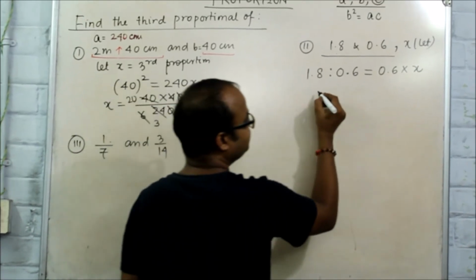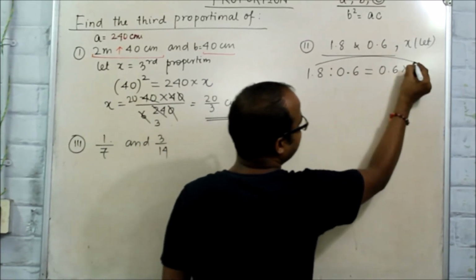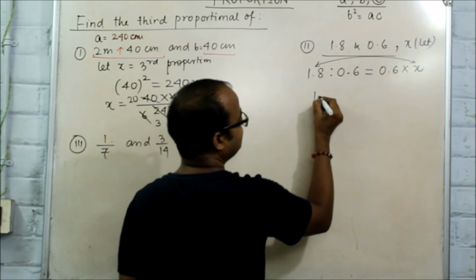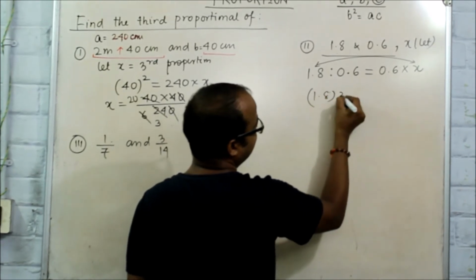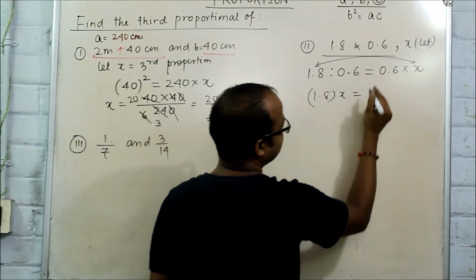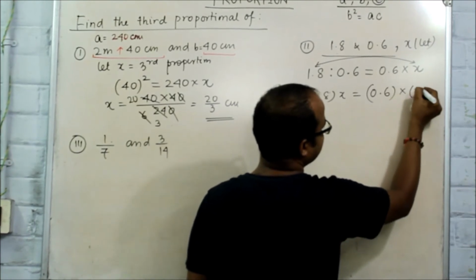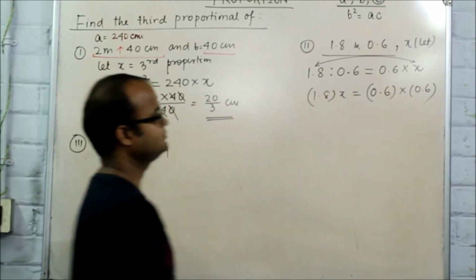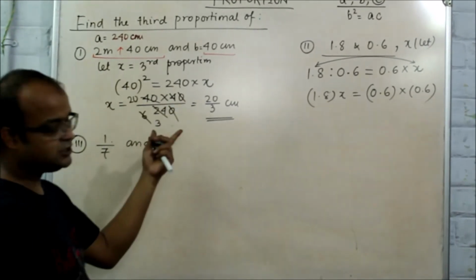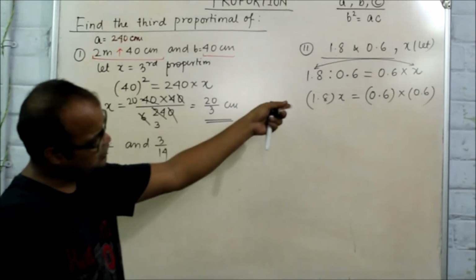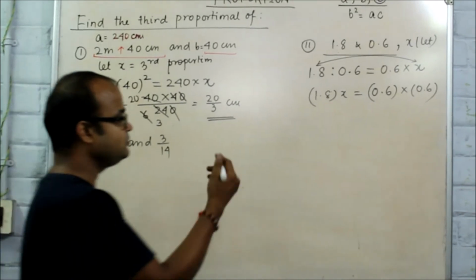So product of extremes, that is 1.8 into x, is equal to product of means, that is 0.6 into 0.6. If you are not using this formula, you can use the previous formula also to complete.